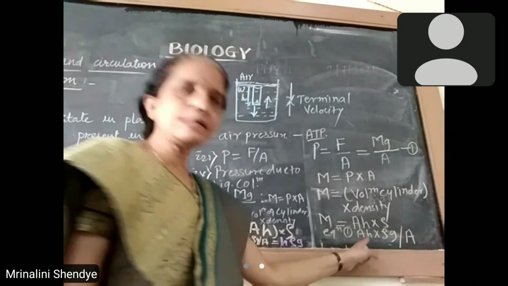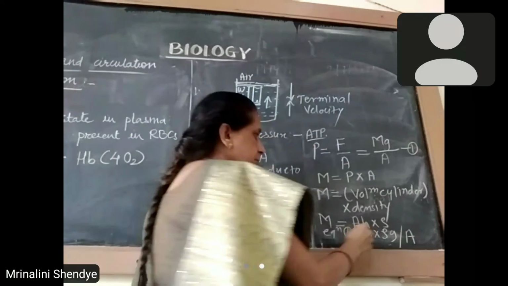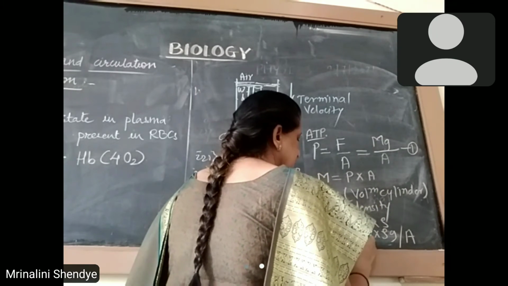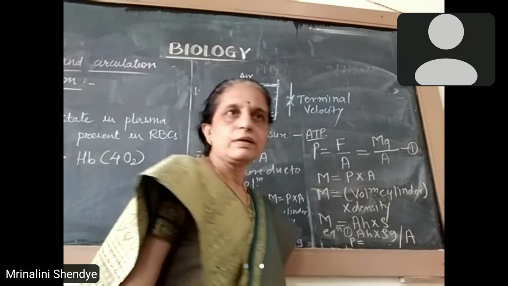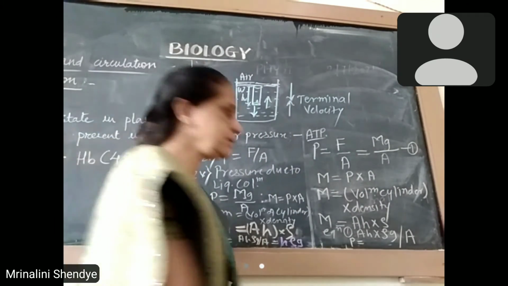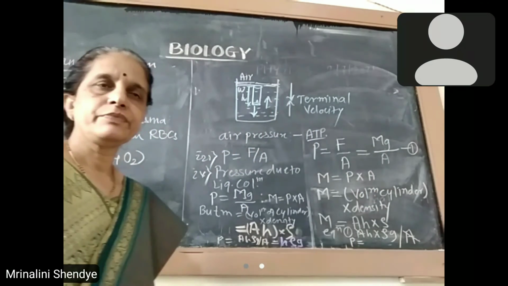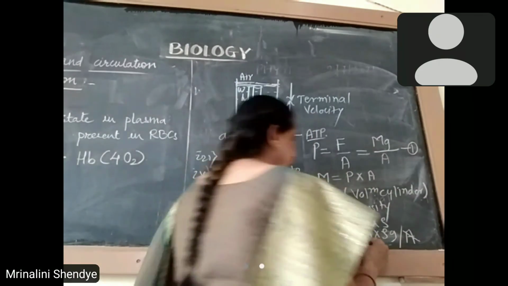So you can see that in this equation, equation 1 is nothing but pressure equal. The area is a common factor, so in the numerator and in the denominator I have cancelled it. What is left there? That is H rho.